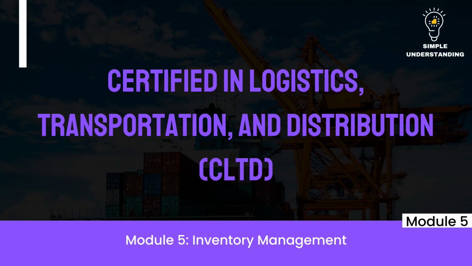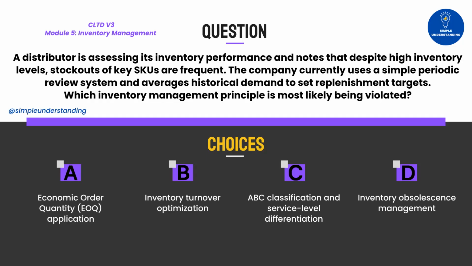Module 5. Inventory Management. Question 1. A distributor is assessing its inventory performance and notes that despite high inventory levels, stockouts of key SKUs are frequent. The company currently uses a simple periodic review system and averages historical demand to set replenishment targets.